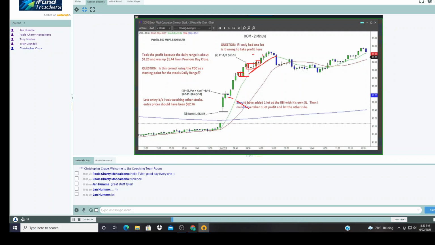Is there any argument for bar by bar here? Yes or no? No, and why not? Right. No separation. Exactly.